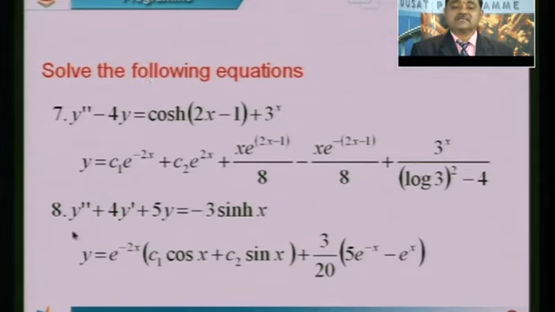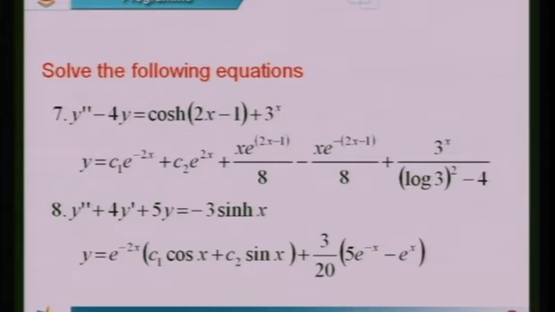Let us take first this 8th one, that is minus 3 sin hx on the right hand side. Because the next problem, 3 power x, again has an idea. So first let me clear you about the one hyperbolic function which is sin hyperbolic.